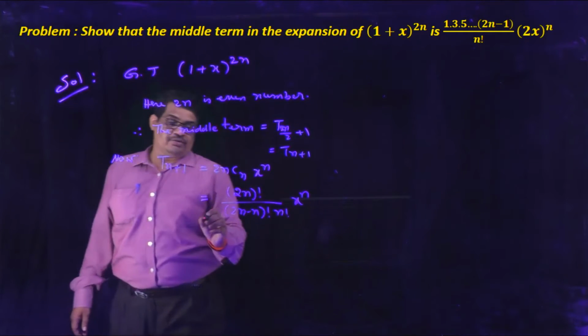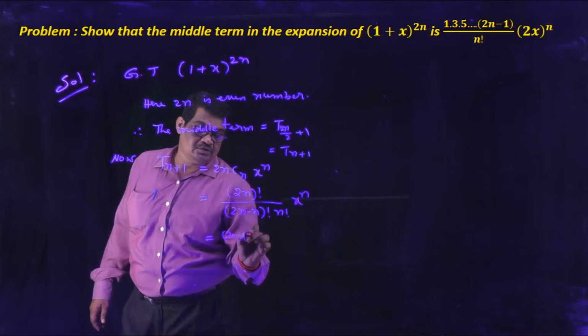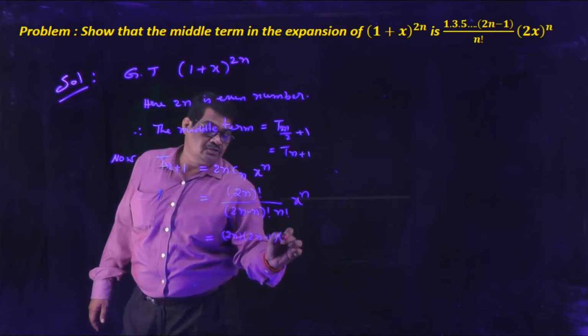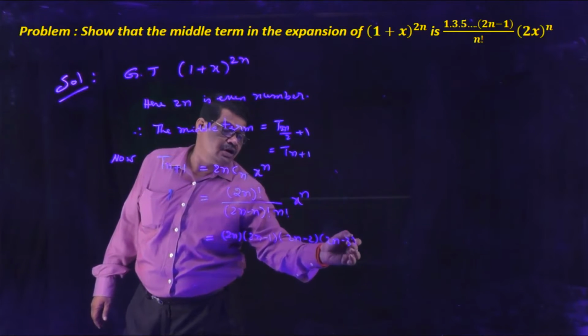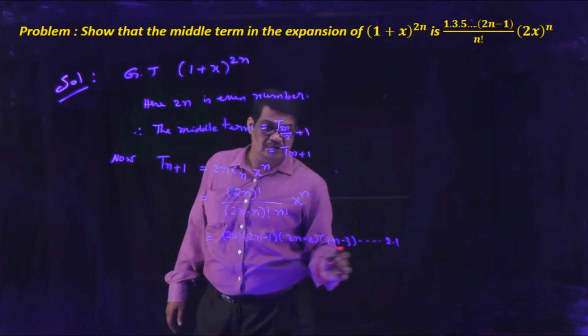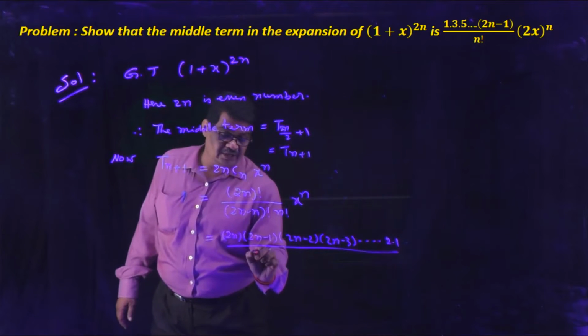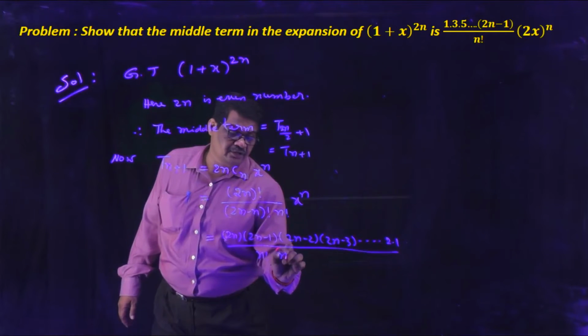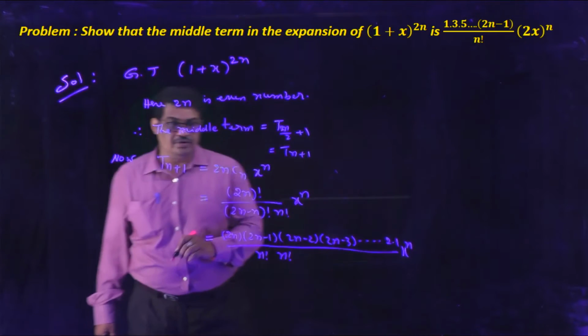This 2n factorial can be written as 2n, 2n minus 1, 2n minus 2, 2n minus 3 and so on up to 2 into 1, by n factorial into n factorial into x to the power of n.